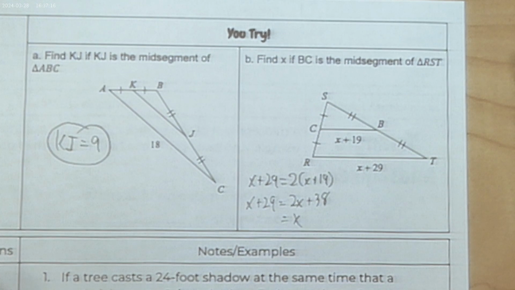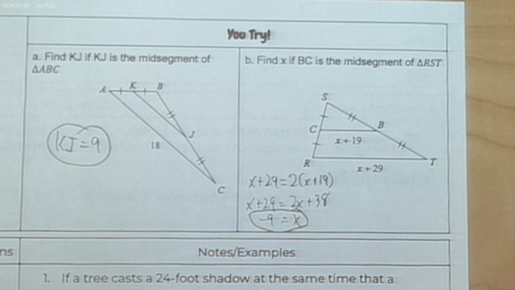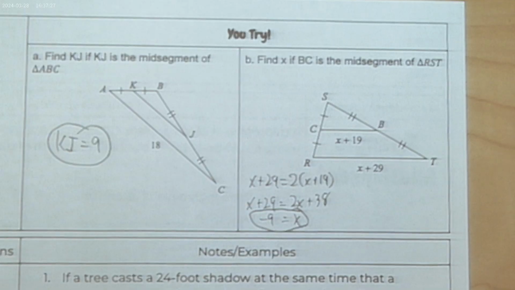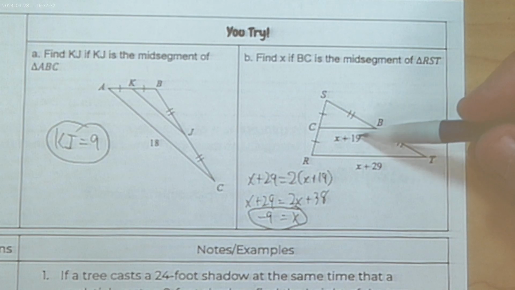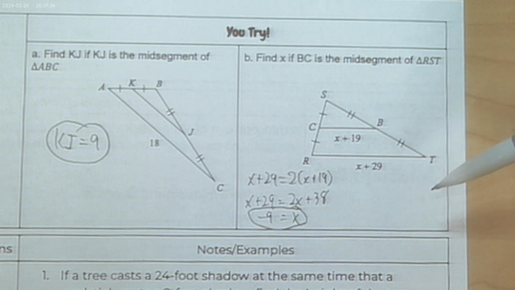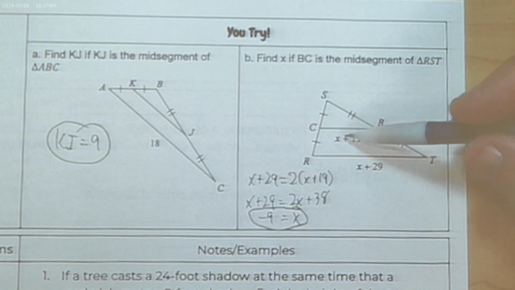It's going to give me a negative number, but 29 minus 38 equals -9. All right. So x equals -9. So if x equals -9, that makes it 10. That makes this 20. Oh, all right. Well, I guess that works out then. So yeah, x equals -9.